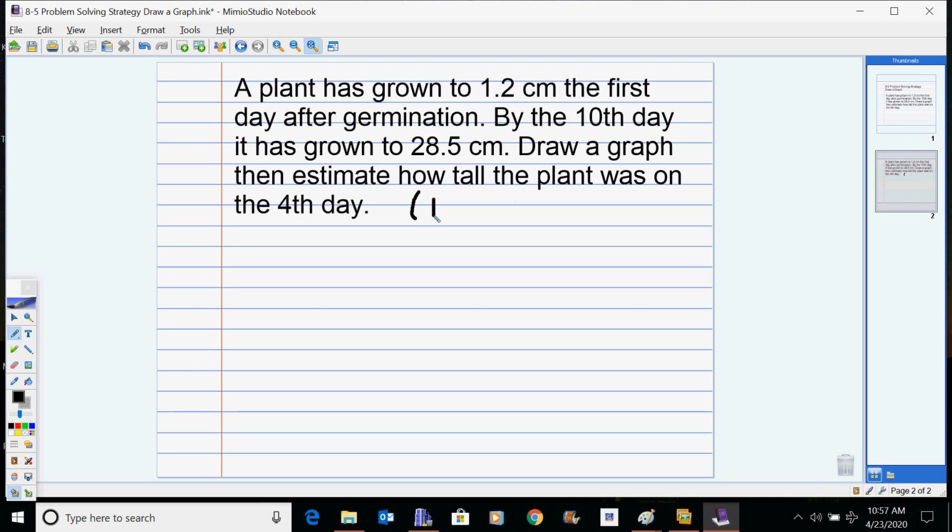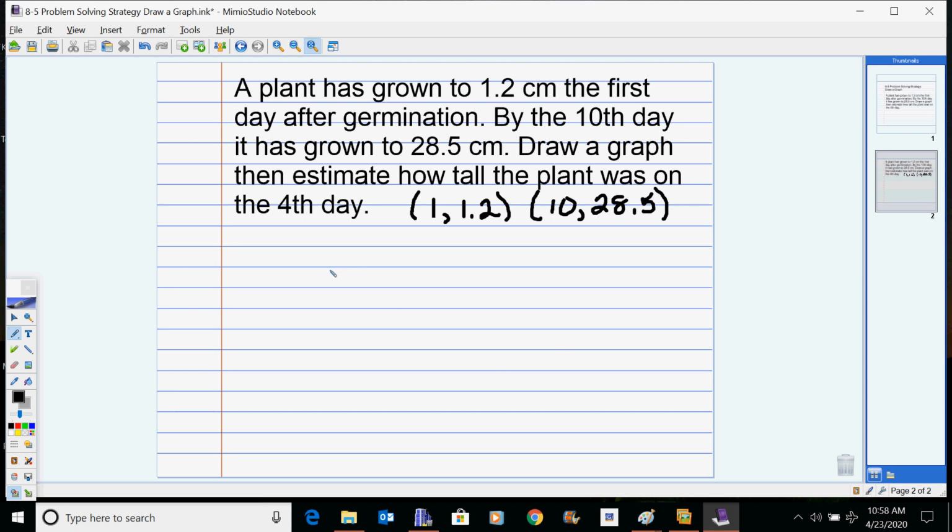So on the first day, the height of the plant was 1.2 centimeters. And this will be very much like the first question that you're asked in your homework, which is just to make the ordered pairs. On the 10th day, we're at 28.5 centimeters.